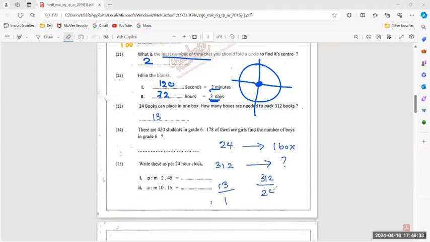312 divided by 24. When we are dividing, we use the same number which can divide both.